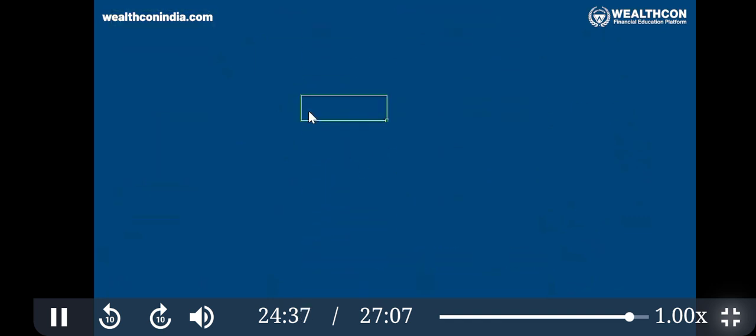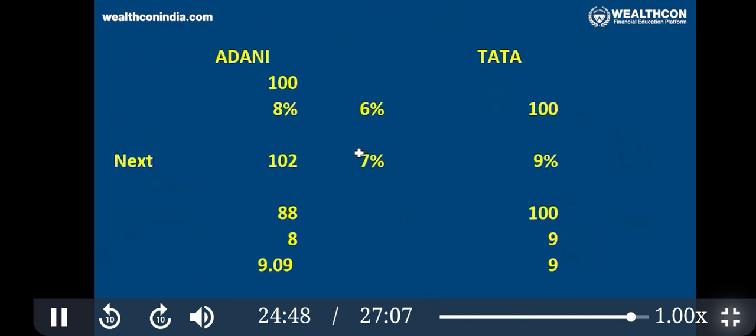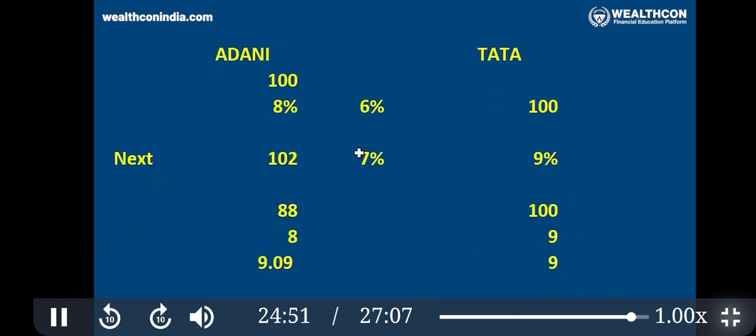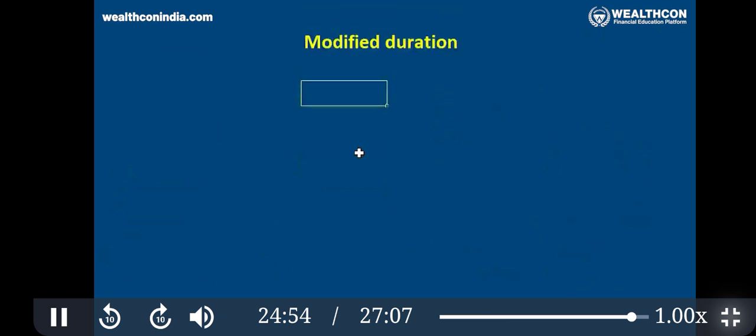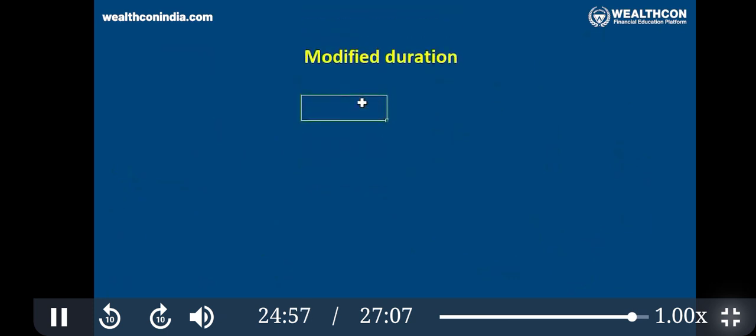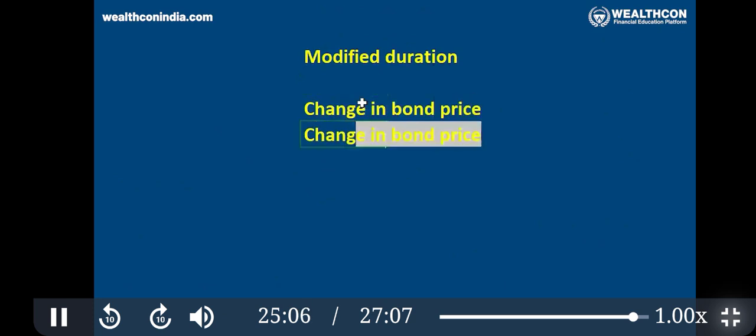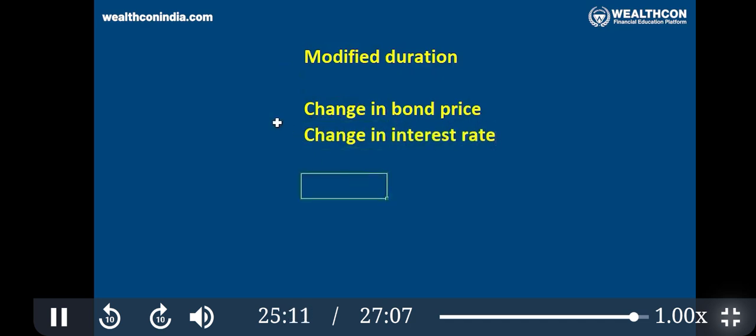There is one term called modified duration, sometimes just duration. Here I showed you the trial and error method of how the bond price will go down or up if interest rates go up or down. That is measured by the modified duration. Modified duration shows the change in bond price with respect to change in the market interest rate. It is a sensitivity parameter: if there is a 1% change in the interest rate, how much change will happen in the bond price?